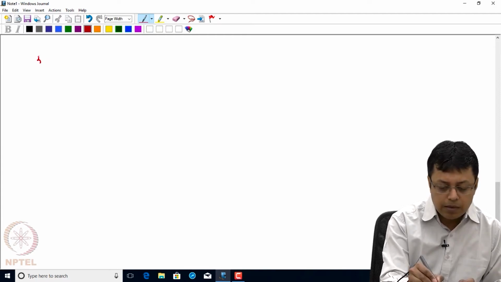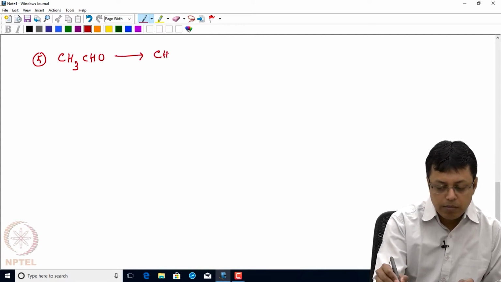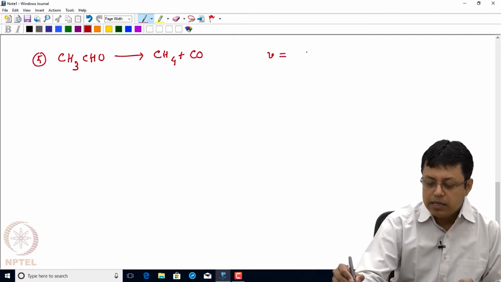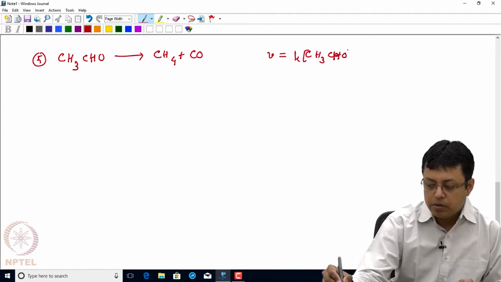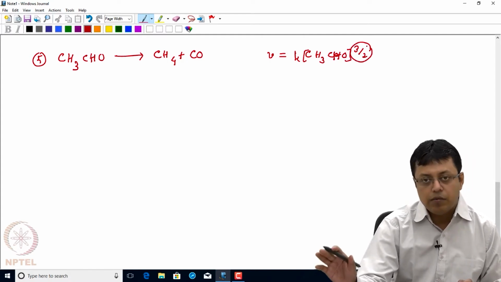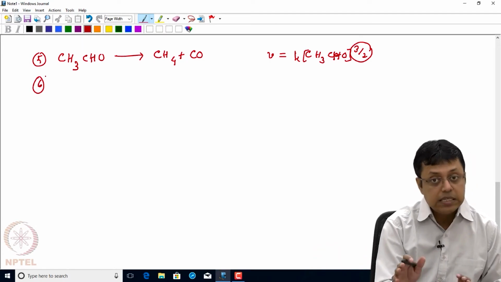Now the fifth example I have is the decomposition of acetaldehyde into methane and carbon monoxide, and again for this reaction the rate law is found to be some rate constant times acetaldehyde concentration raised to the power 3 by 2. Now you can see that the order of the reaction is fractional. So the order of the reaction in this case is a unique example where it is fractional.